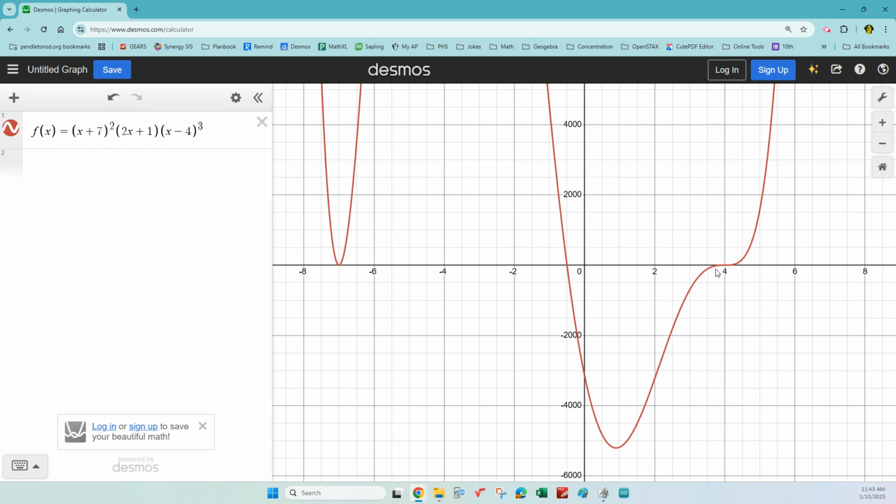And then we know what the end behavior is, so that's all we need. Those are all the clues we need to get the basic shape of this graph, right? Because if I were to multiply all that out, I'm going to end up getting some positive coefficient times x to the 6th, so I know it's got to do that, right? Okay.